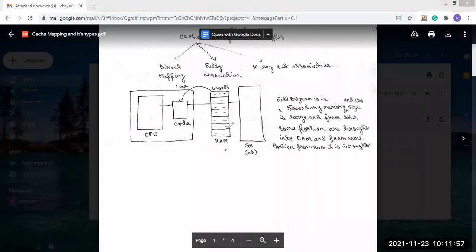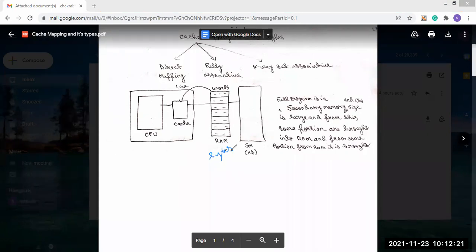Now, in RAM we know the data will be in bytes. In computer architecture, we consider 1 byte equal to 1 word.